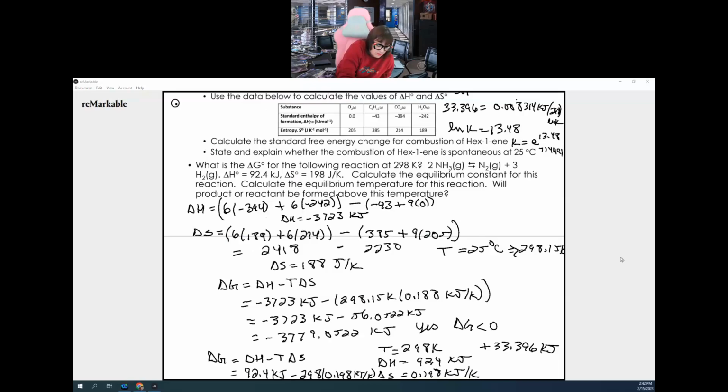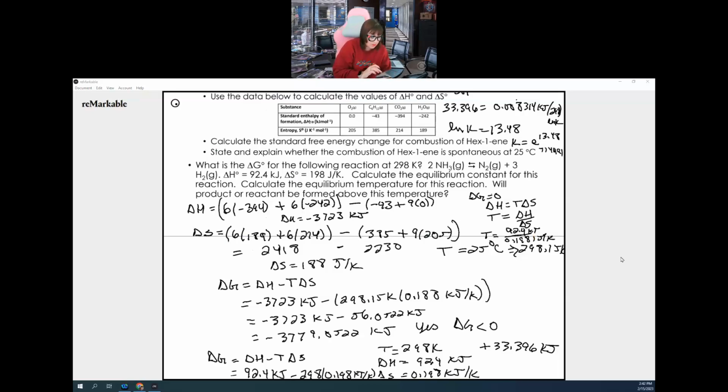So if we want to talk about delta G being equal to 0, then remember that delta H is equal to T delta S. If I want to solve for that T, it's going to be delta H divided by delta S. We have values for both of those, so that T is going to equal 92.4 kilojoules over 0.198 kilojoules per Kelvin.